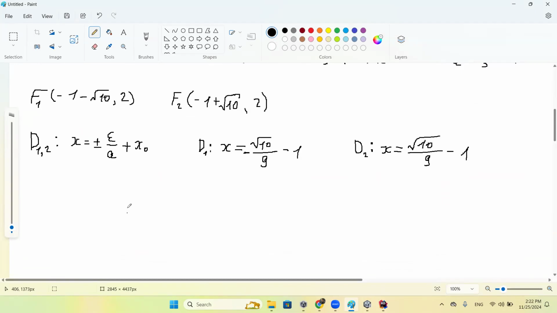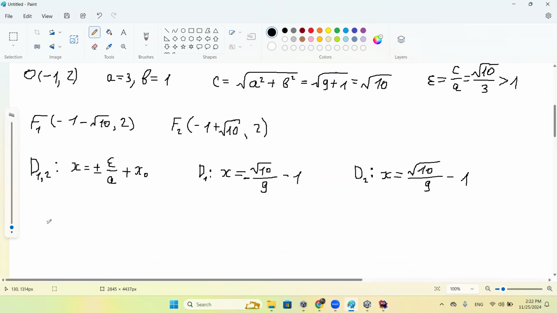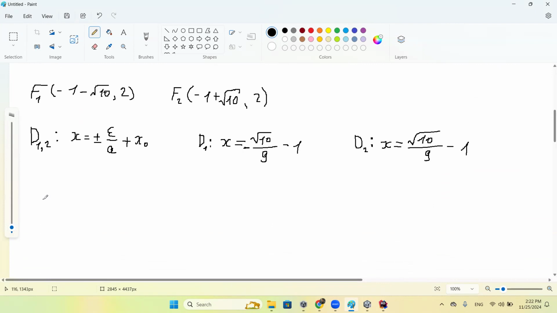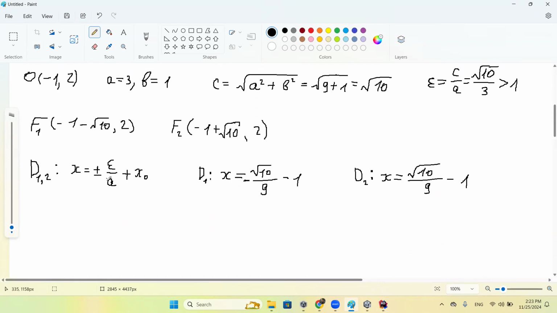So the characteristics of asymptotes. As well, we need to take the center into consideration.